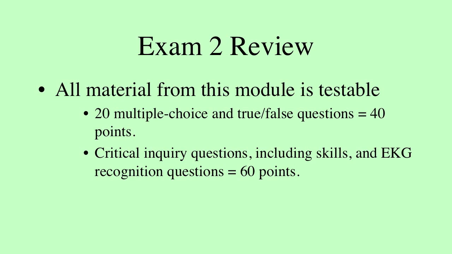What you mainly want to do is look at the criteria for things and be able to look at the multiple choice questions that way. And then you'll have 60 points worth of critical inquiry type questions. And this will include the reading skills and the recognition.